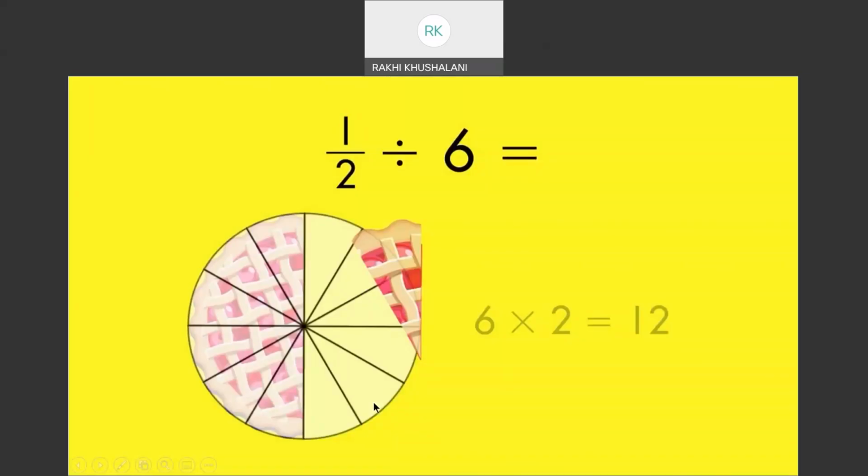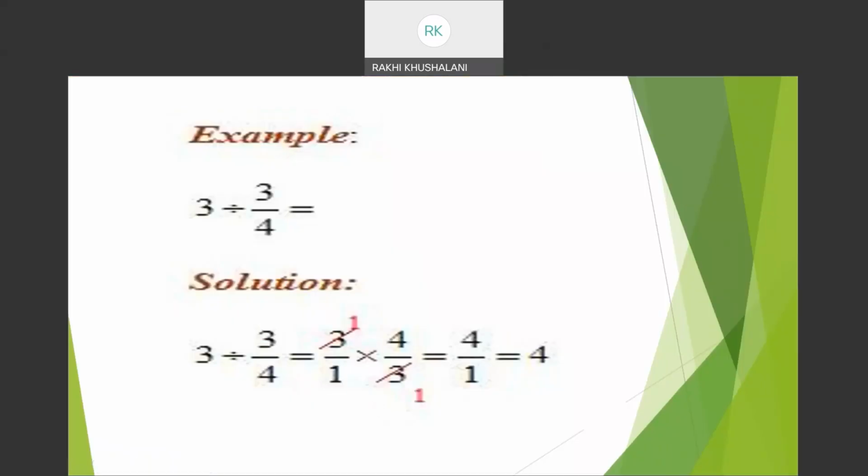Let's see an example. Here, suppose I have a whole number, 3, being divided by the fraction 3 by 4. So what are we going to do here? What did I teach you? Keep.